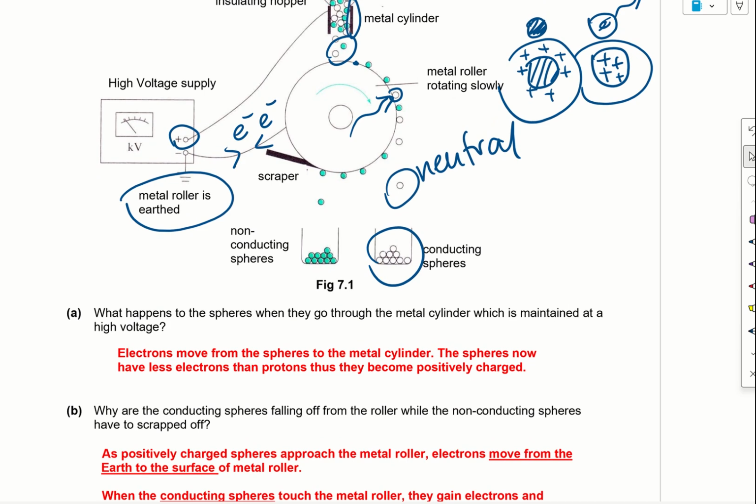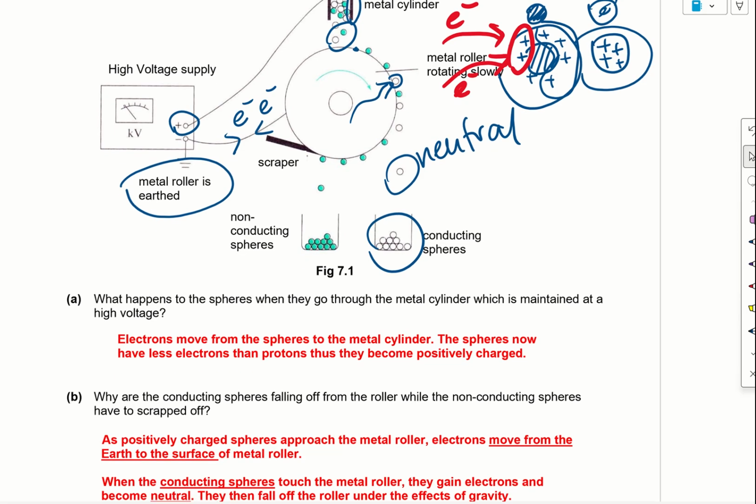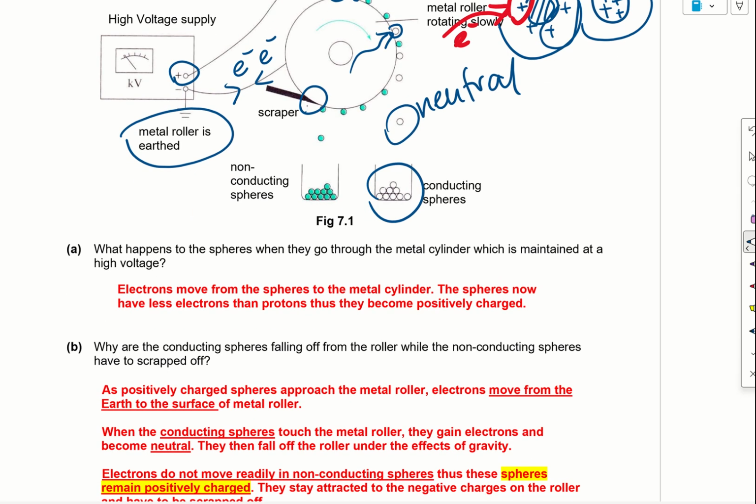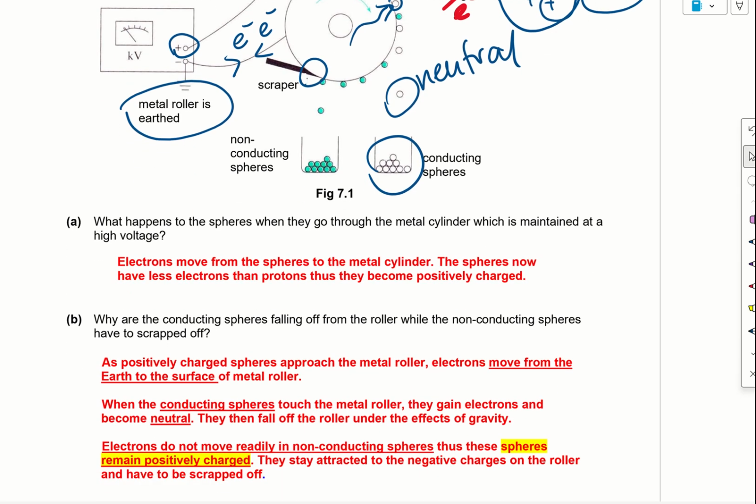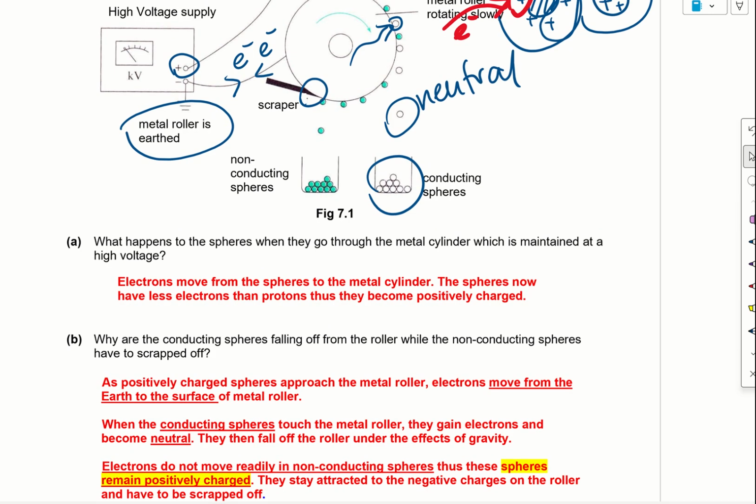But for the non-conducting sphere, the area where it touches the metal roller will be neutralized. However, this side, which is not in contact with the metal roller, will still retain its positive charge. So there will be a force of attraction, and therefore they need to be scraped off. By putting the two containers at different locations, I can separate the conducting spheres and the non-conducting spheres.